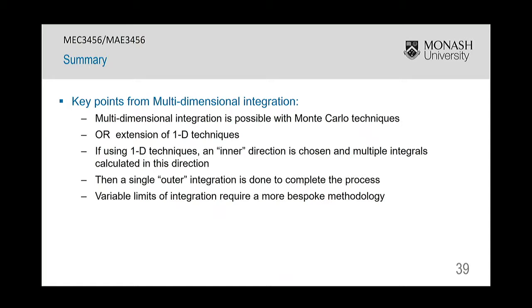Once you have done that, you then have a single outer integration to be done, which completes the process. Finally, variable limits of integration require a more bespoke methodology, and it's a bit hard to figure out exactly how to do this beforehand. You really need to look at things on a case-by-case basis.